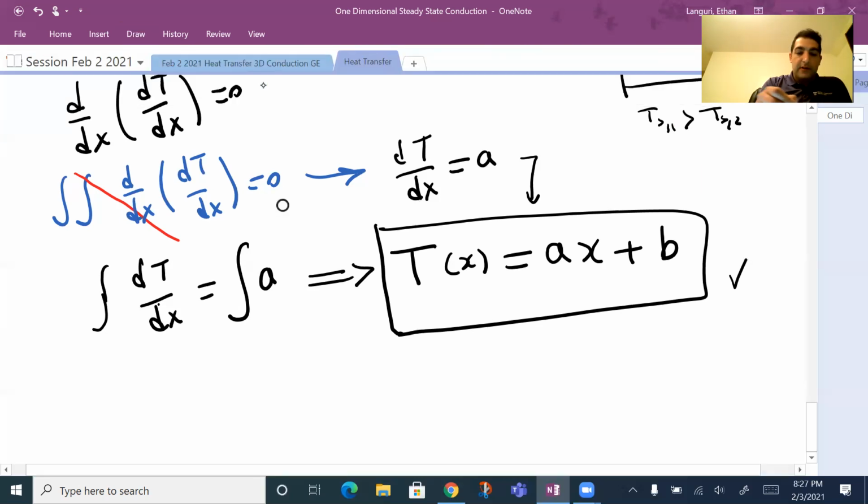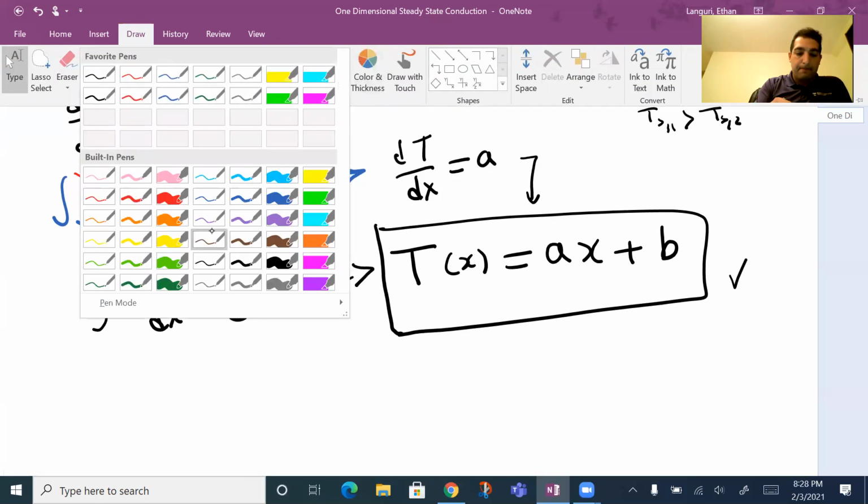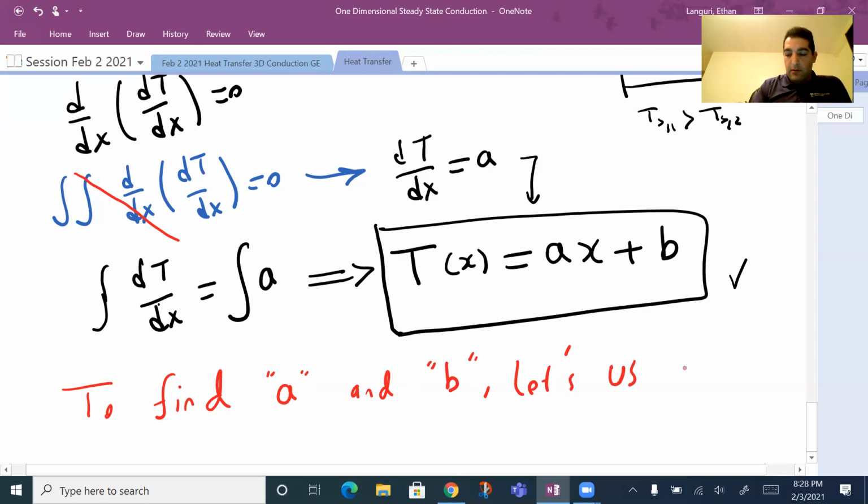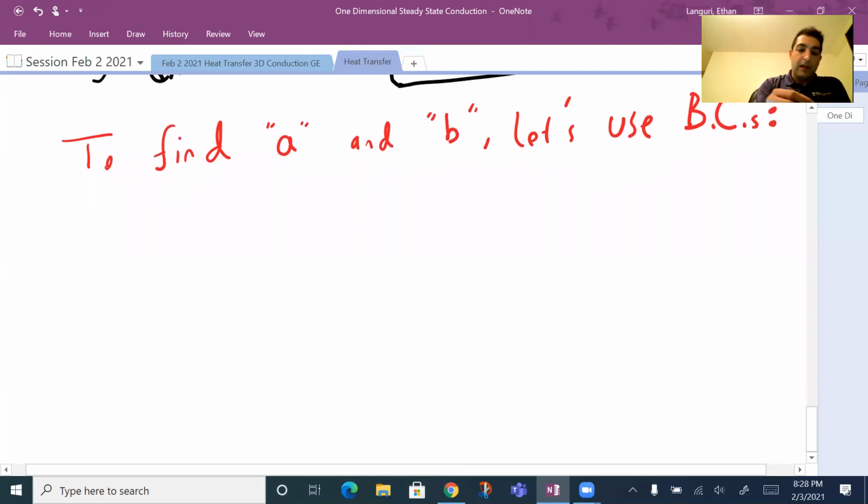So let's use boundary conditions to find A and B.